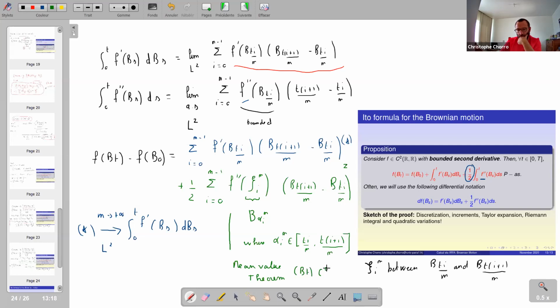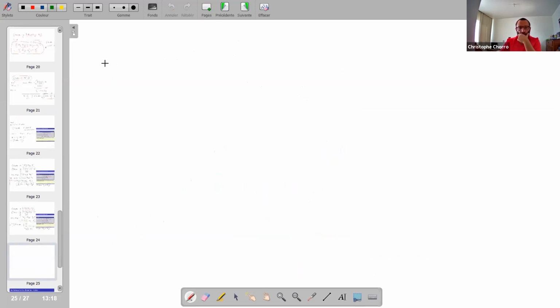So just remind me what is the mean value theorem. In French, théorème des valeurs intermédiaires.